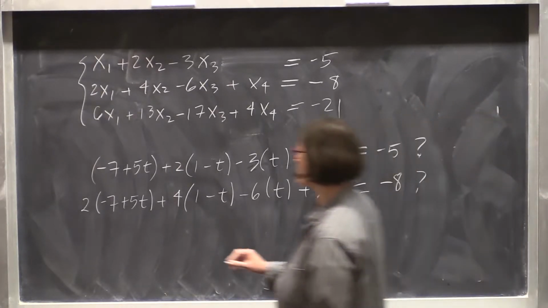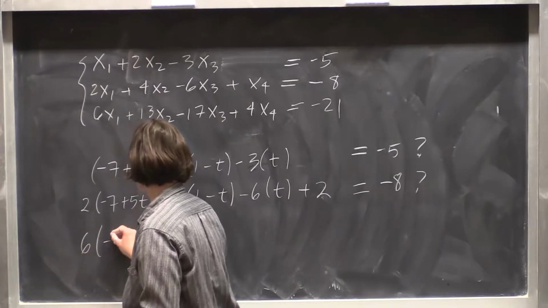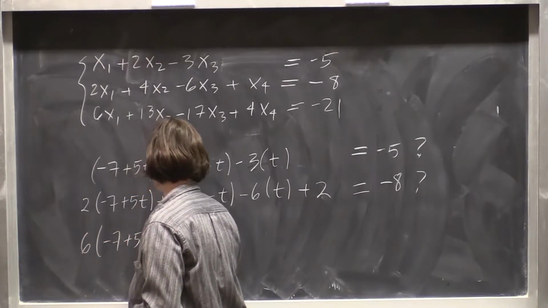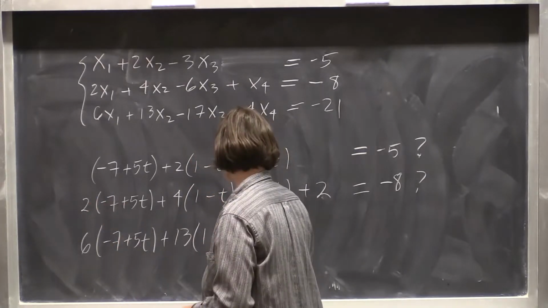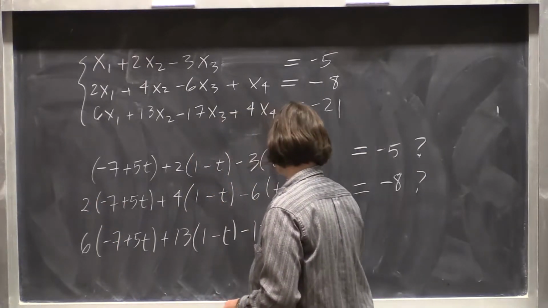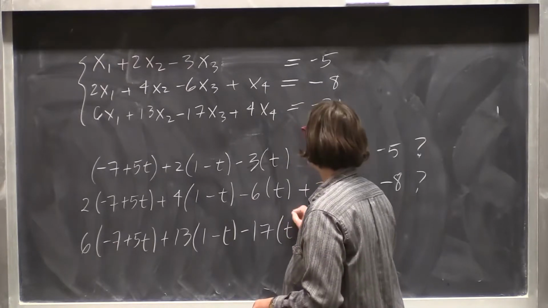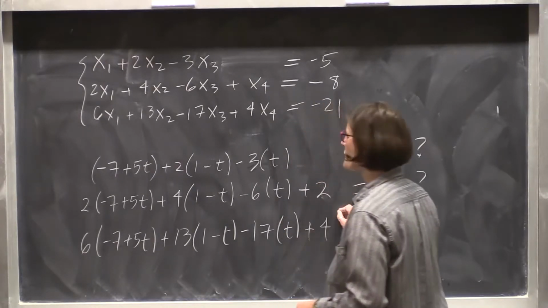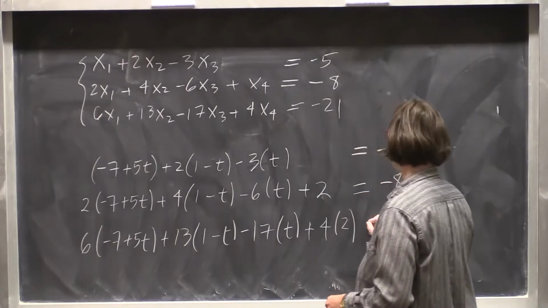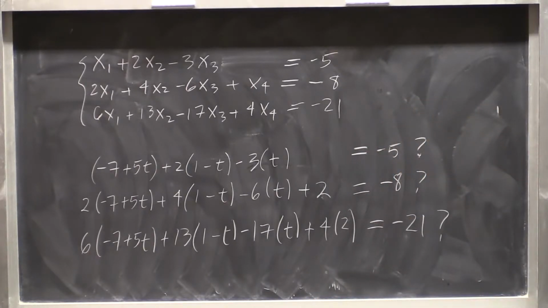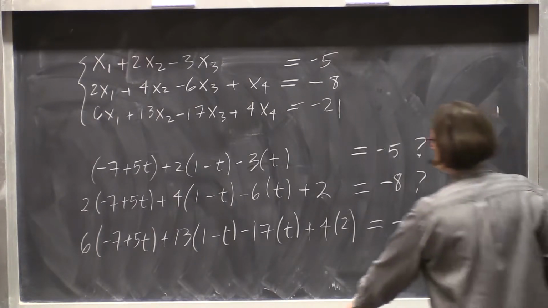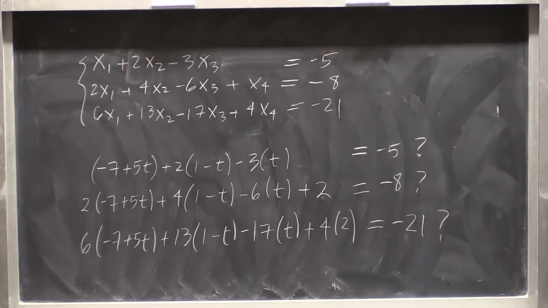And now my third equation is 6 times x1, well, that's minus 7 plus 5t, plus 13 times x2, x2 is 1 minus t, minus 17 times x3, well, x3 is t, plus 4 times x4, x4 is 2. And I want to know if that equals minus 21. Are people clear on what I am trying to do? OK. So now I'm going to just massage that.